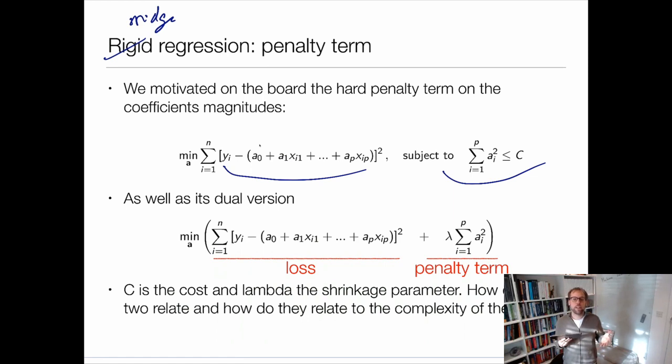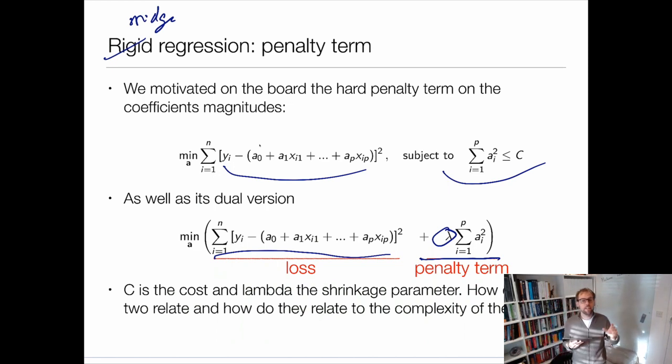Now we have also seen that there's a dual version of this optimization problem, and it's much nicer, because now I can write it as a single minimization over two terms. The first one is the loss function, and the second one is called the penalty term. And the penalty term depends on this parameter lambda, which is called the shrinkage parameter.